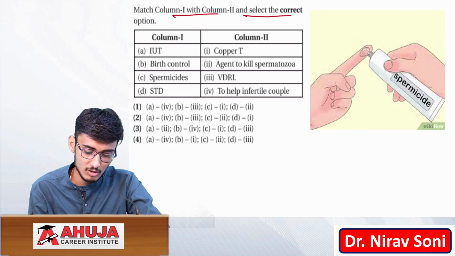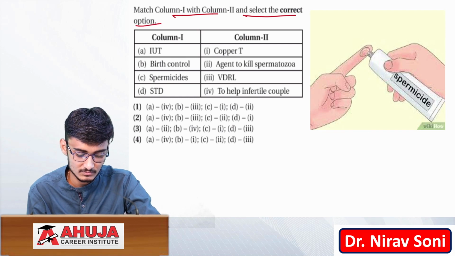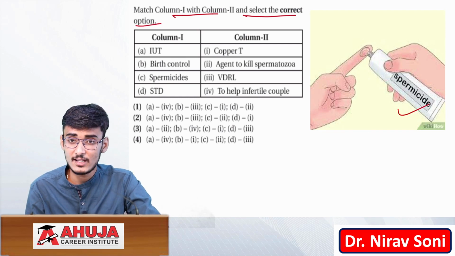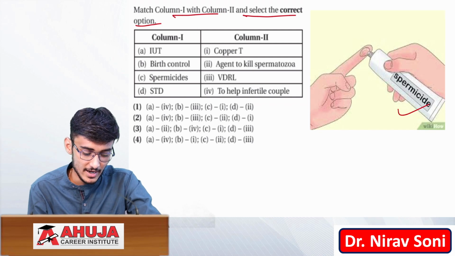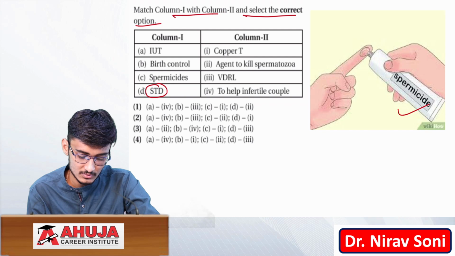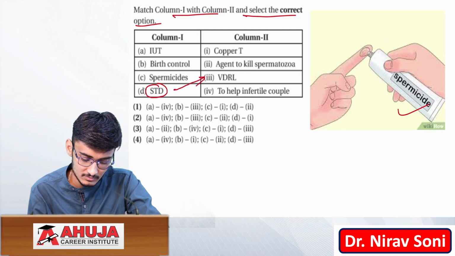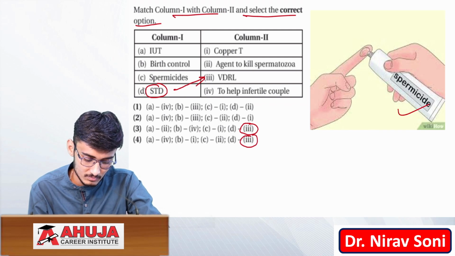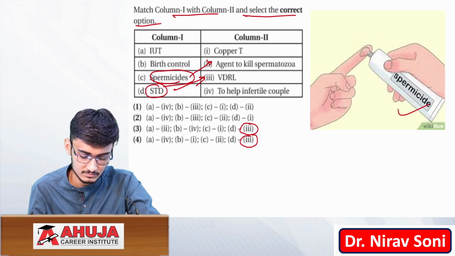Match column 1 and column 2, select the correct option. This causes spermicide gel to kill the sperms. STD, sexually transmitted disease. VDRL test. Spermicide to kill the spermatozoa.